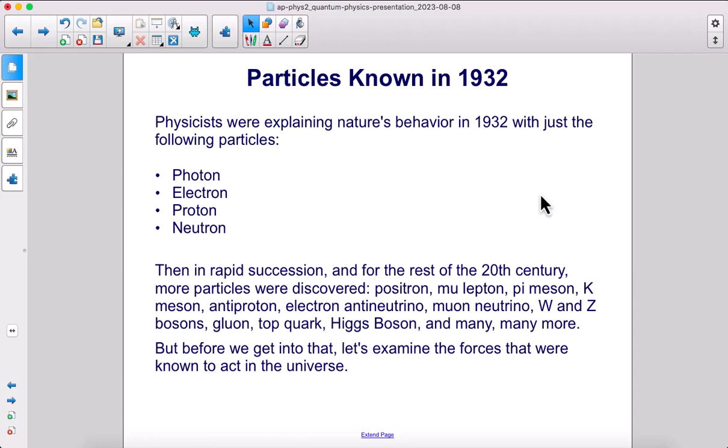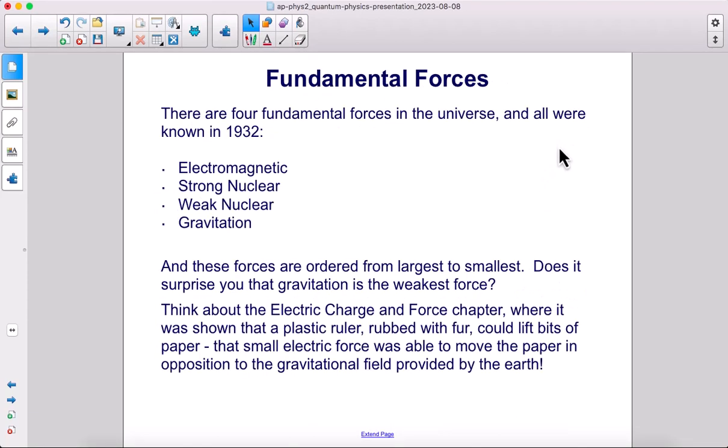But before we get into that, let's examine the forces that were known to act in the universe. There are 4 fundamental forces in the universe, and all were known in 1932: electromagnetic, strong nuclear, weak nuclear, and gravitation. And these forces are ordered from largest to smallest.